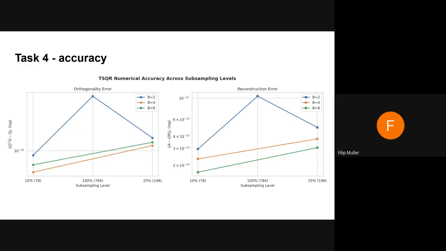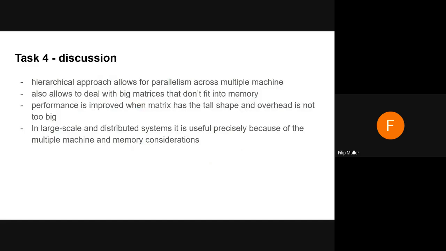Okay, and then the next slide has some discussion about what this means for the usefulness of this approach, which is obviously that the parallelism is very useful in certain cases, like when you have multiple machines. Unless you find a way to parallelize it, you cannot use multiple machines, or even multiple cores. And also, if you have matrices that are too big to fit into memory, then you want to find a way to break it down into a simpler task that you can perform efficiently.